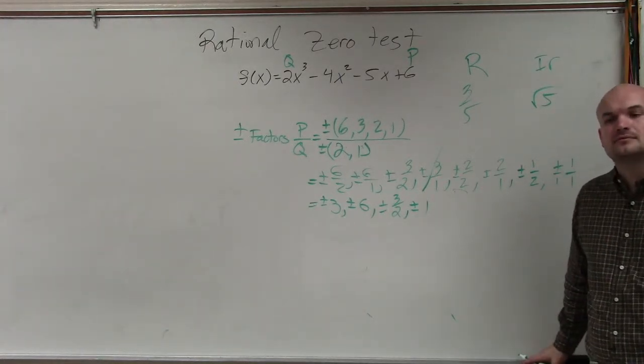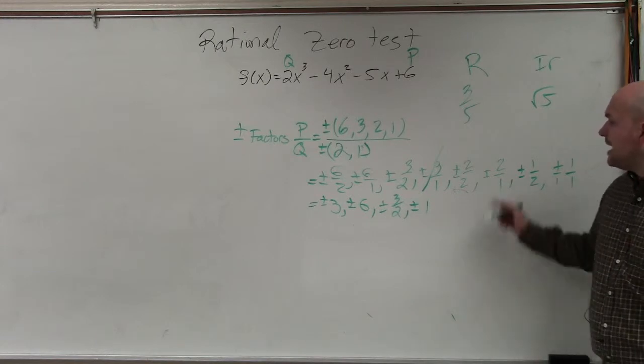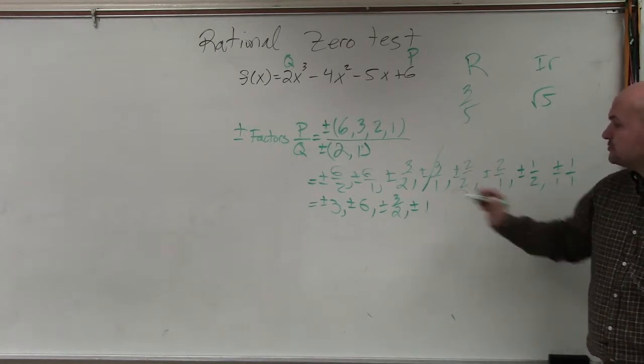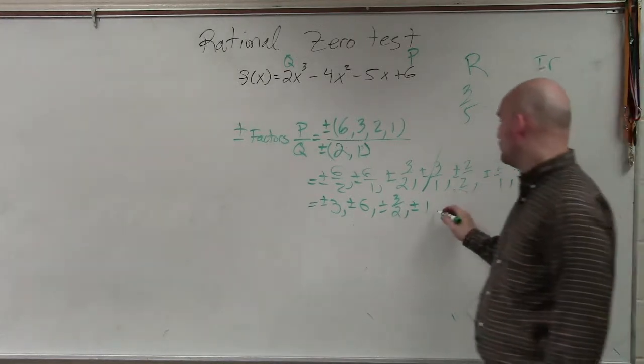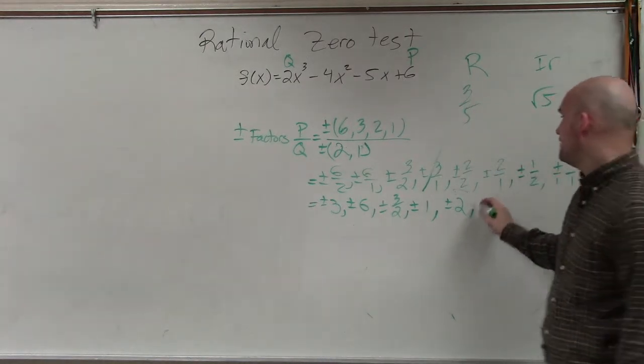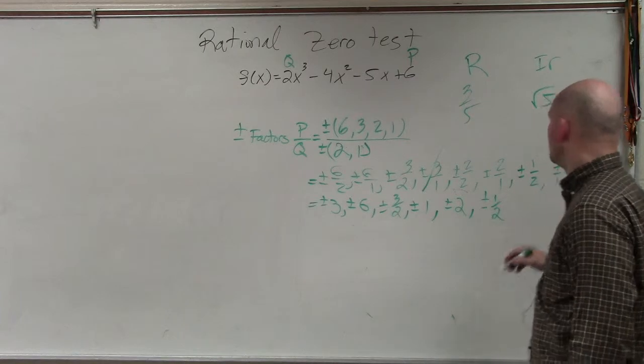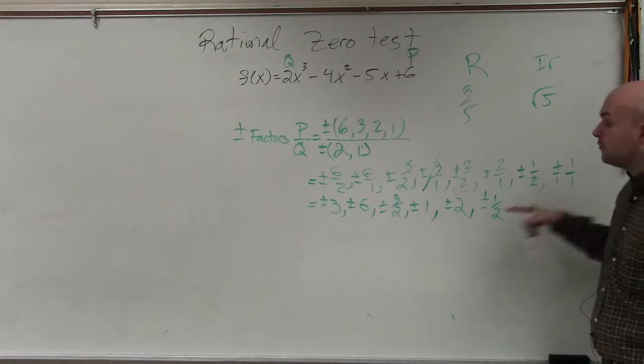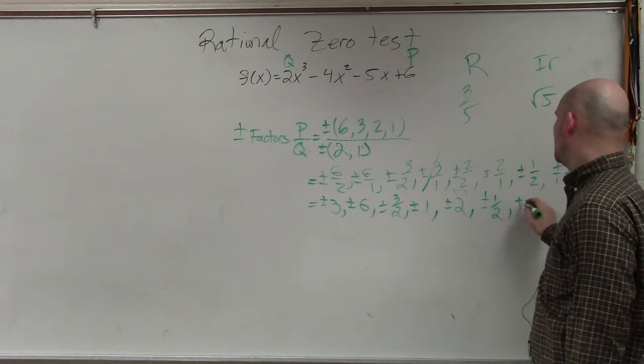Now, we have plus or minus 2 over 1, which is going to be 2, comma, plus or minus 1/2. And then over here is plus or minus 1 over 1, which just equals 1.